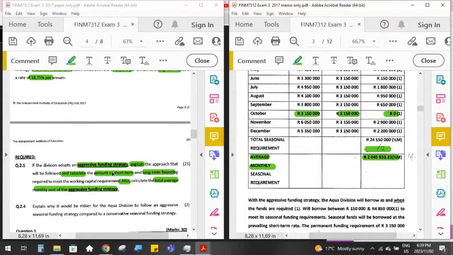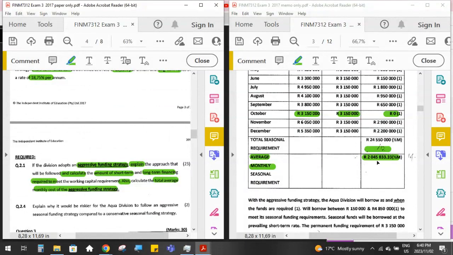Calculate short-term and the long-term financing required. So we've done that. The 3150 is going to be our long term, and the 2045 is going to be the short term funding required. Then they next say also calculate the total average cost of the aggressive funding strategy.